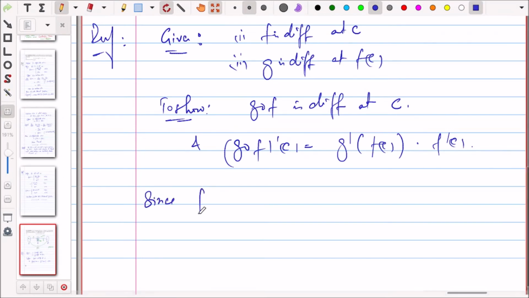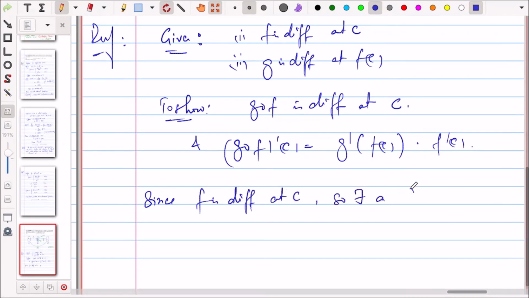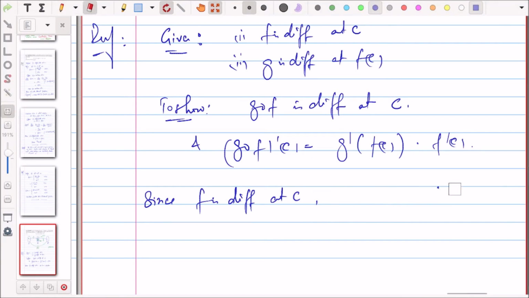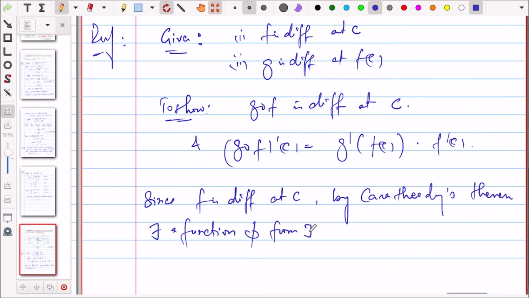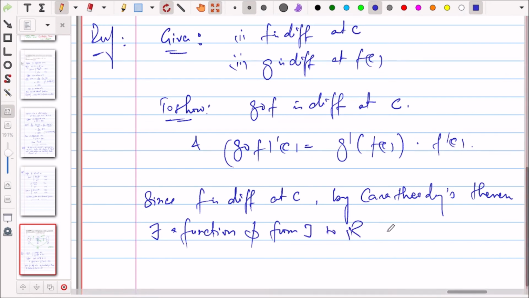So since f is differentiable at c, by Carathéodory theorem there exists a function phi from J to R such that three things will hold.